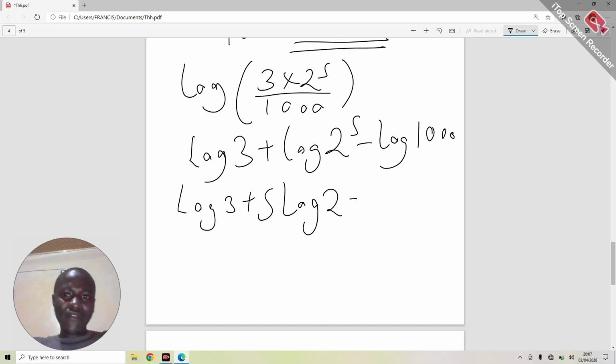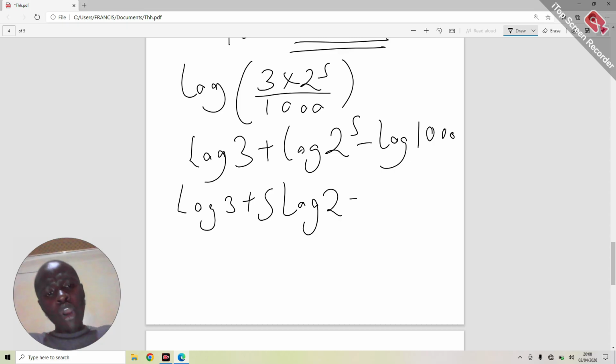Now, we have come to minus log 1000. As a learner, things like log 10, you must have in your brain. That is 1. Log 100, that is 2. Log 1000, that is 3. Log 10,000, that is 4, and so forth. Just have it in mind.